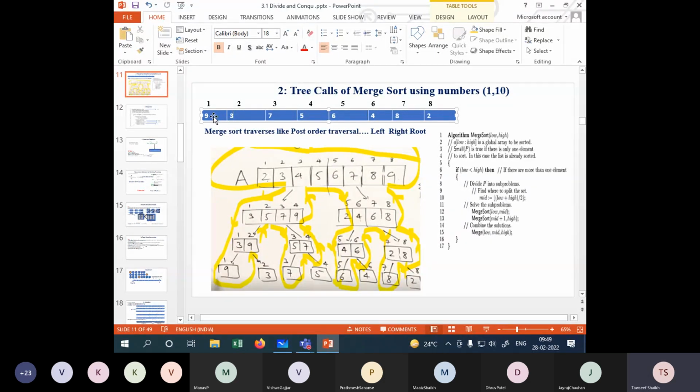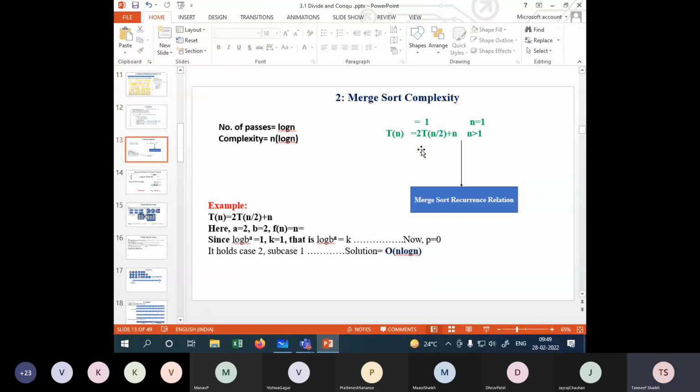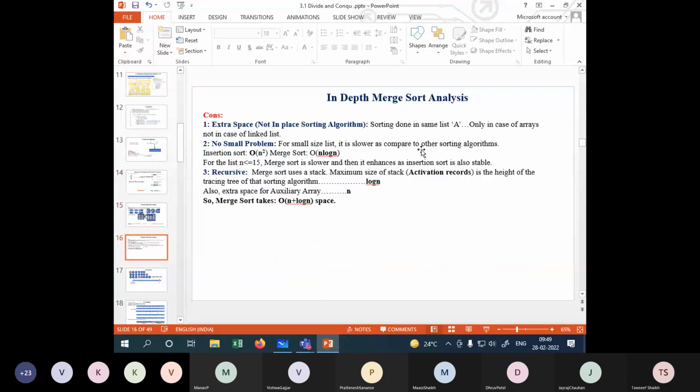So the original data which was present in array A, the sorting we are doing in the same array. Just taking one element, comparing it with other elements and finding its exact position. That algorithm is known as an in-place algorithm. So the original position of the elements is maintained and sorting is performed. But merge sort does not follow this principle.